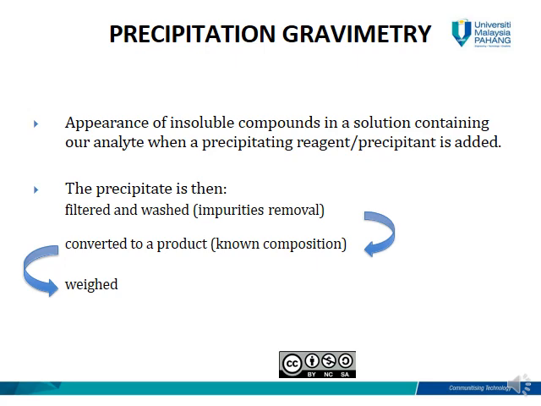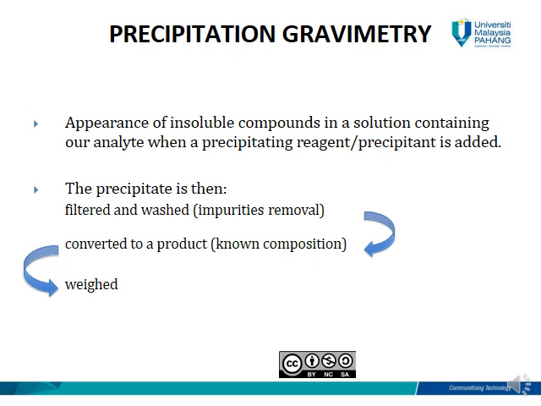When we talk about precipitation gravimetry, we're always talking about the solubility of the mixture. We can see certain colloid, or what we call precipitate, form in the mixture. So it does explain the solubility in water.